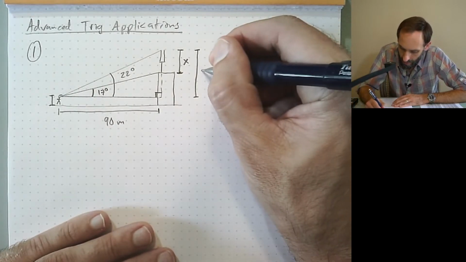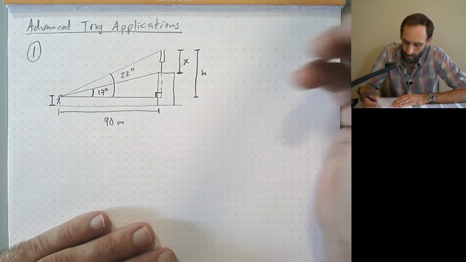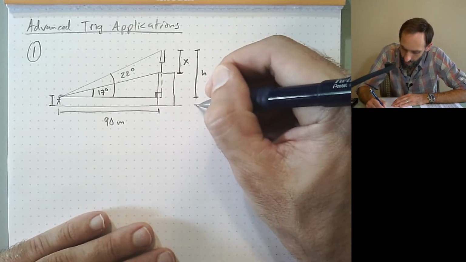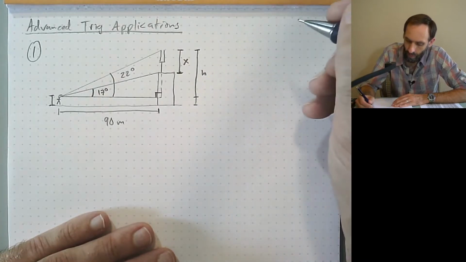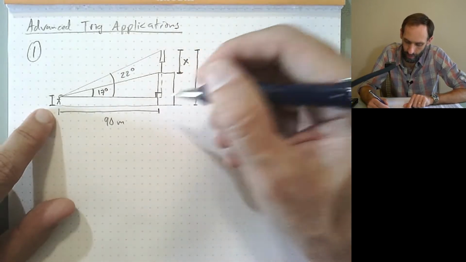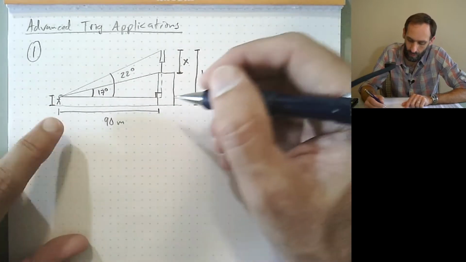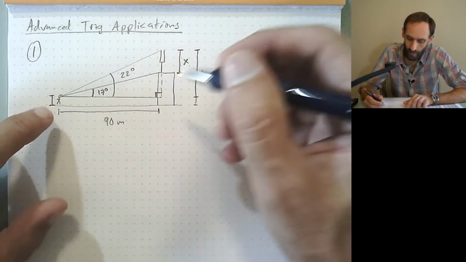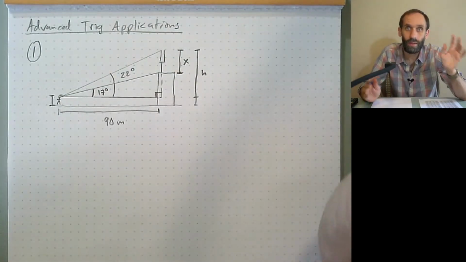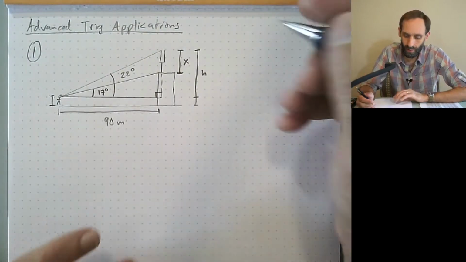Let's call this h for height, even though it's technically not the height of the building or the height of the antenna, because it doesn't include this extra bit, the height of the person. We have enough information to do right triangle trigonometry because we have one side length and one angle. Remember, we need at least two pieces of information, and at least one has to be a side length.